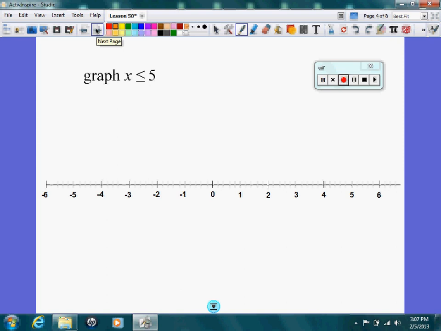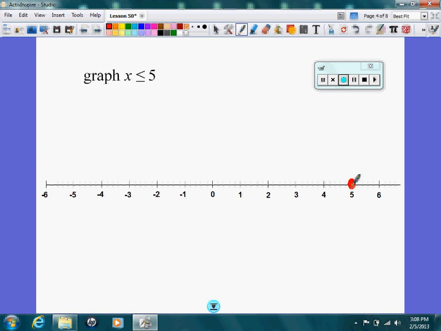Okay, let's graph x less than or equal to 5. Okay, we locate 5. Here's 5. Positive 5 on the number line. And can it be equal to 5? Well, our symbol here indicates that it has to be less than or equal to 5. And the way we indicate that on a graph is with our dot, but this time we color our dot in, or solid it in, make a solid dot.